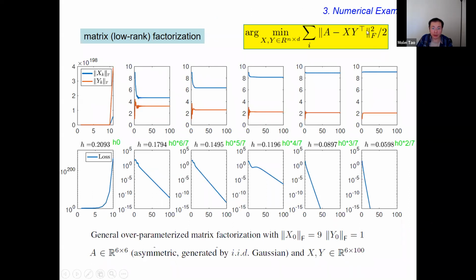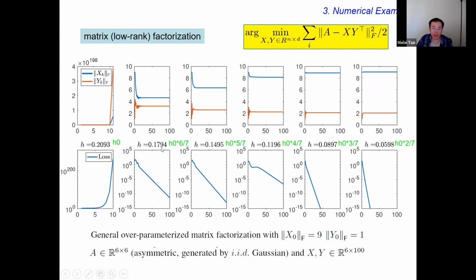So here is one example. I'm given some matrix A, and I try to find a factorization of this matrix A. If I use a learning rate that is too large, I'll just get instability. X and Y will just blow up along my iteration.